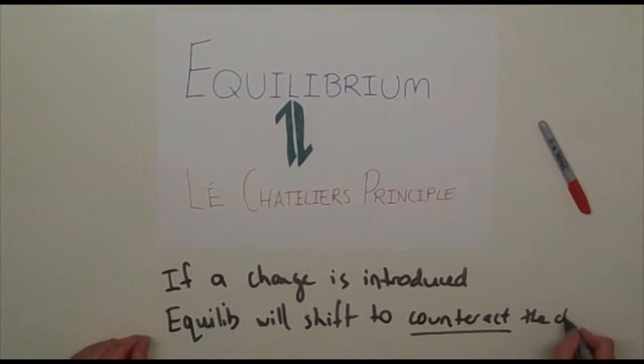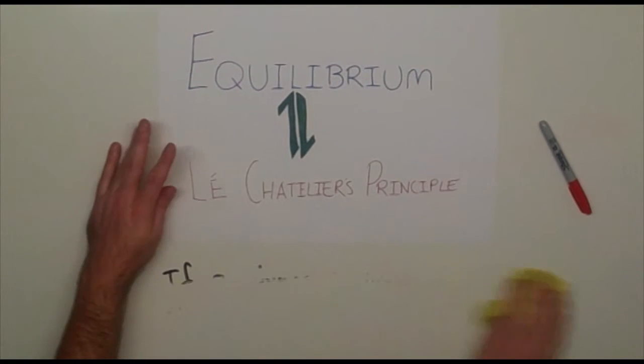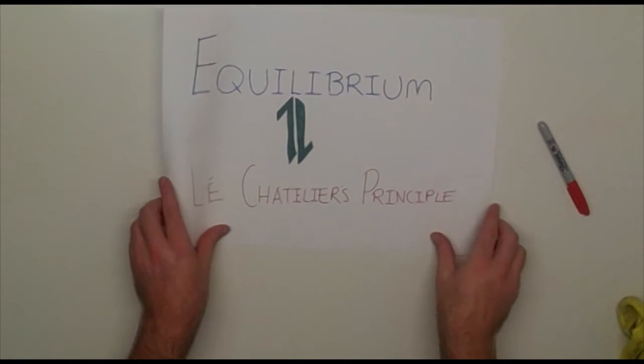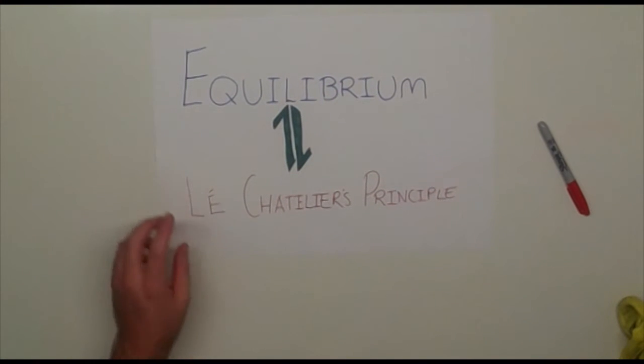Alright, counteract. So if you increase the concentration, the equilibrium is going to shift to decrease the concentration. If you increase the temperature, equilibrium is going to shift to try and decrease the temperature. If you increase the pressure, equilibrium is going to shift to try and decrease the pressure. And so they're the ones that we're going to actually be having a look at. So make sure you understand and can remember that definition for Le Chatelier's principle.